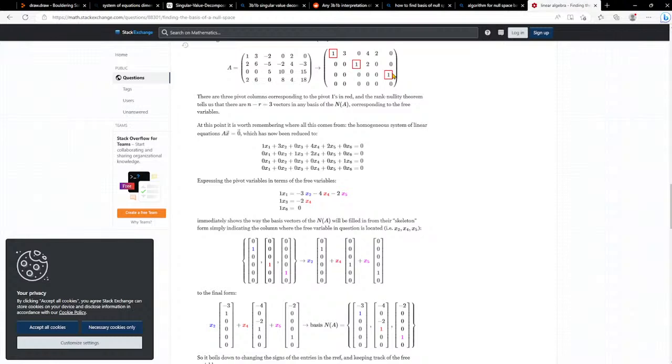Yeah, that's right. 1x2 is equal to 0. So that pivot variable x2 is 0, right?